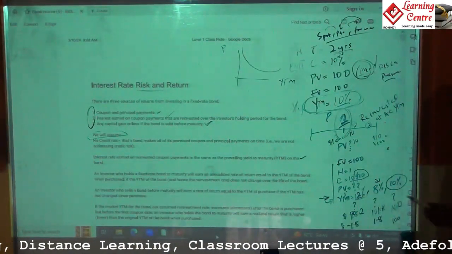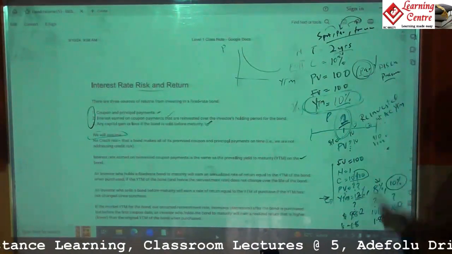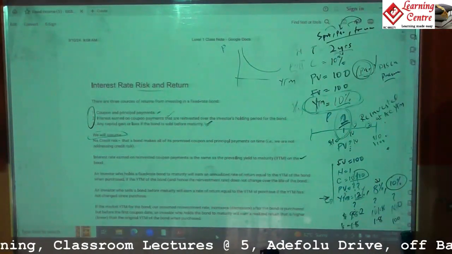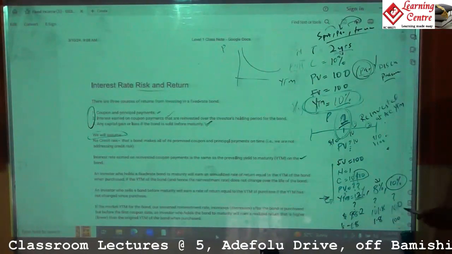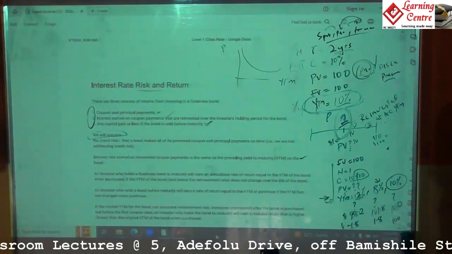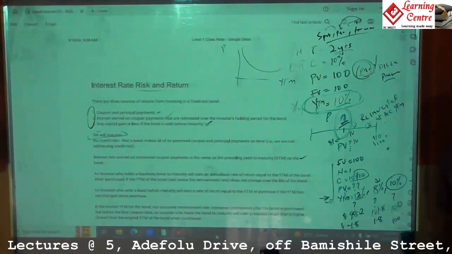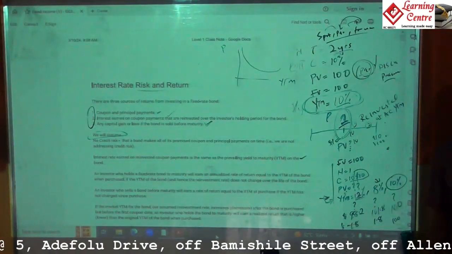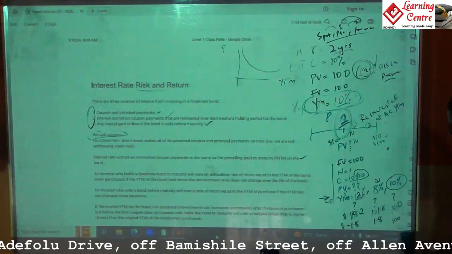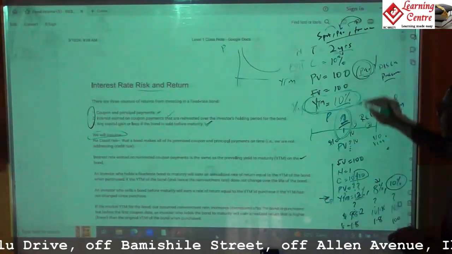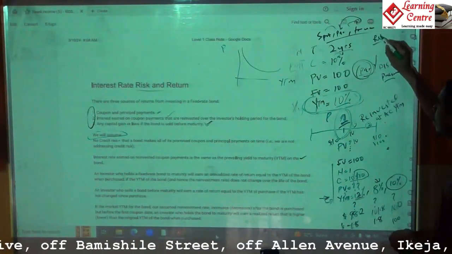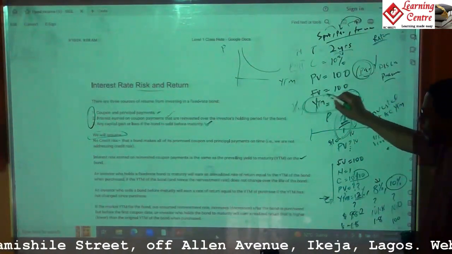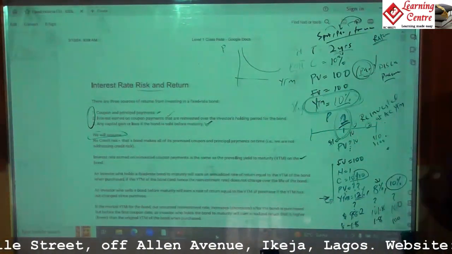So if the YTM when I bought the bond is 10%, and I earn a cash flow of $10 during the life of the bond, I must see a market where I can invest that $10 at the same 10%. If not, the total yield or return I will earn as an investor will be different from this yield here.